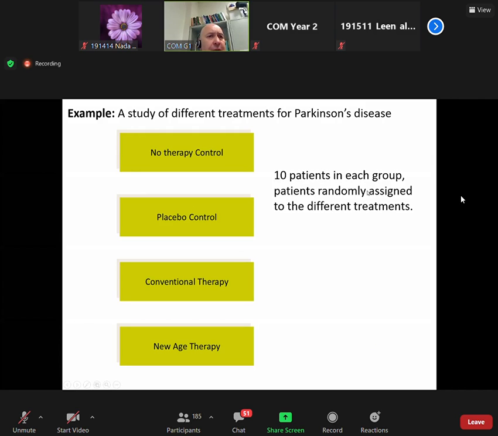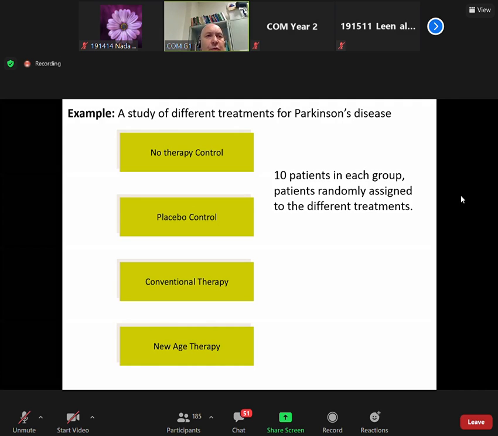So we've got 10 patients in each group, and they've been randomly assigned to these 4 different treatments. In the previous example, I had 3 different treatments. Here I've got 4. Actually, we can have 5, 6, 10, even 100 treatments if we wanted to.